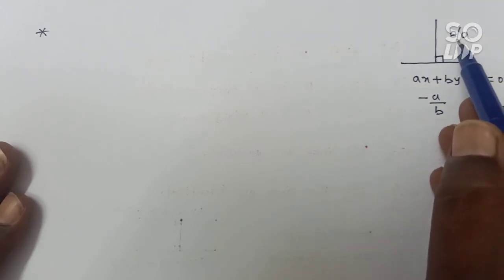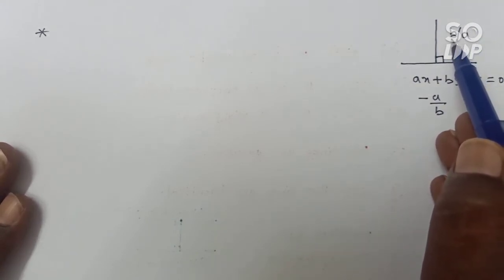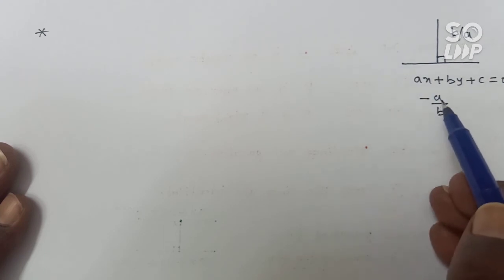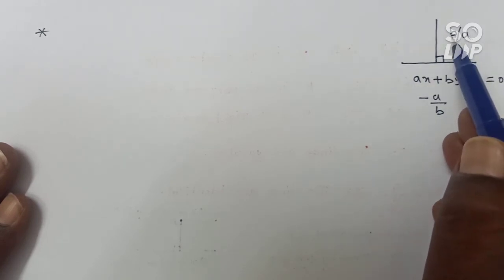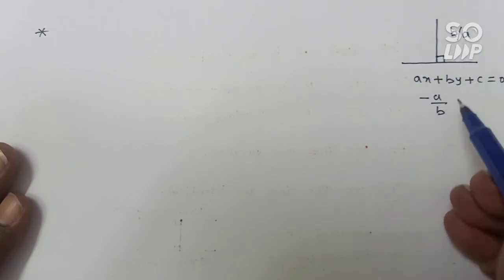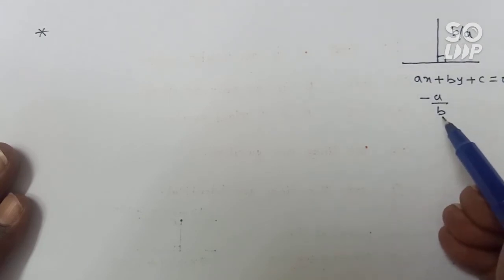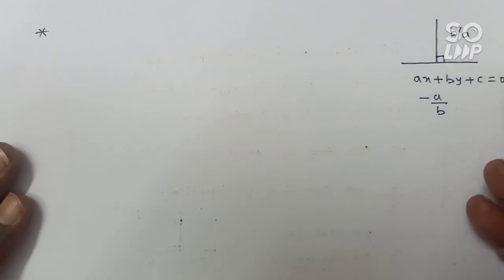So that means in this place the x coefficient is in the numerator, and here is the y coefficient. That means the denominator is the y coefficient in one and the x coefficient in the other.